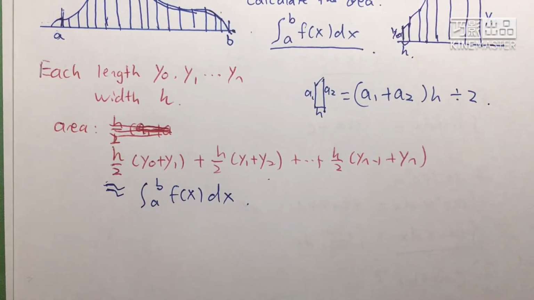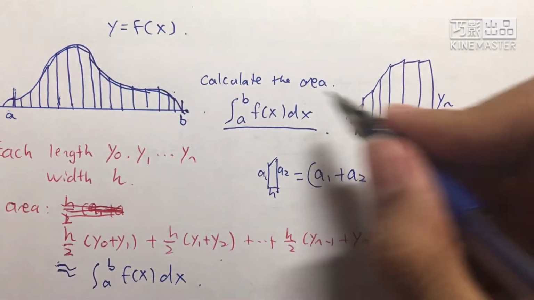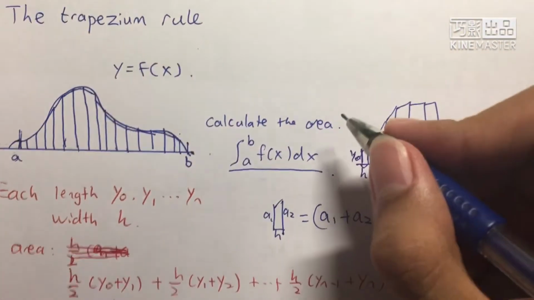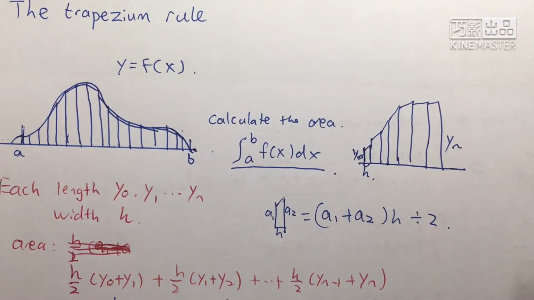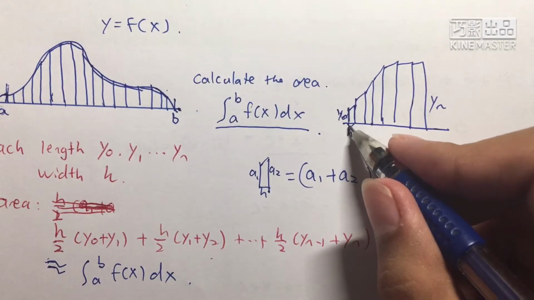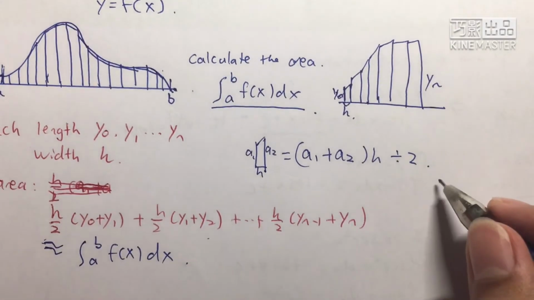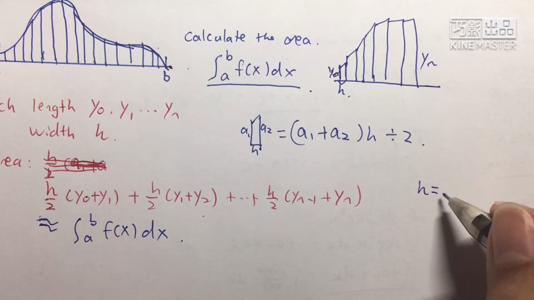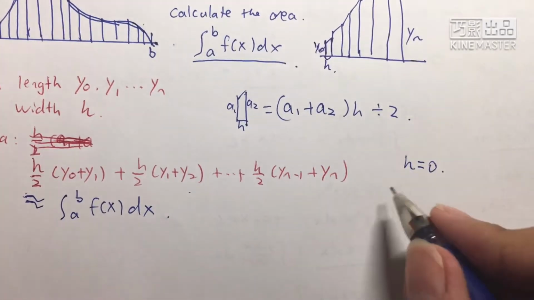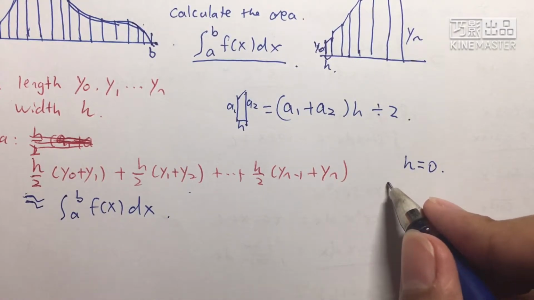However, this is not very accurate, because you can see that the curve has some spaces around it which you cannot calculate. But the idea of calculus is, if h, the width of the trapezium, goes to 0, your trapeziums become very, very small, almost like a line.